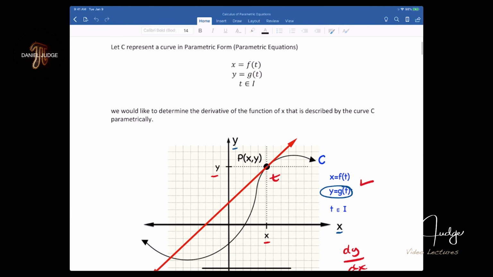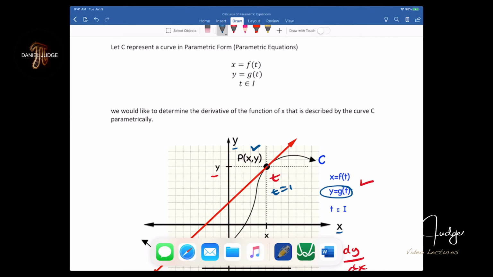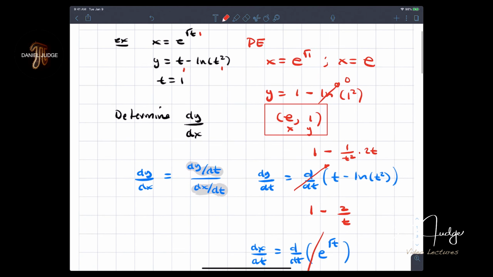This is the point that we're talking about that happens for some t value. And in this case, the t value is 1, right? So here we go, t is 1, and then here's the coordinates of it. So that's explaining to you the little details.